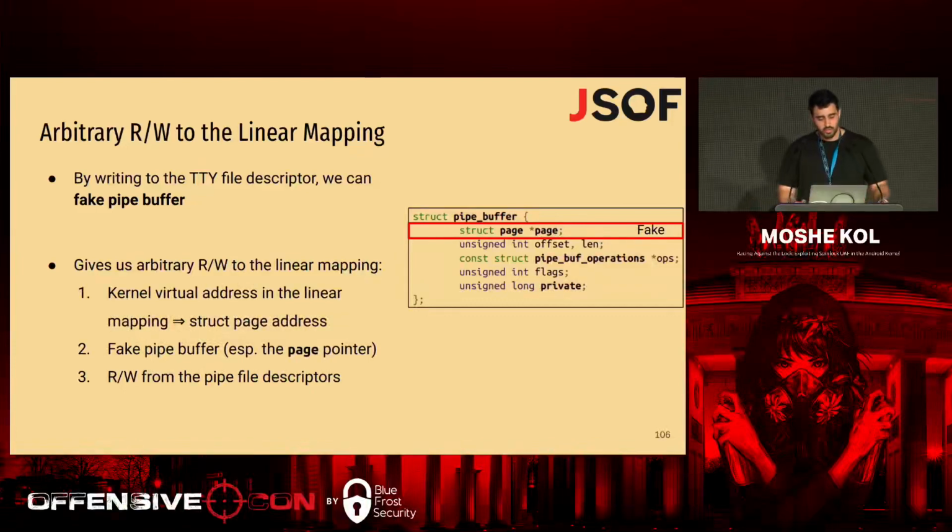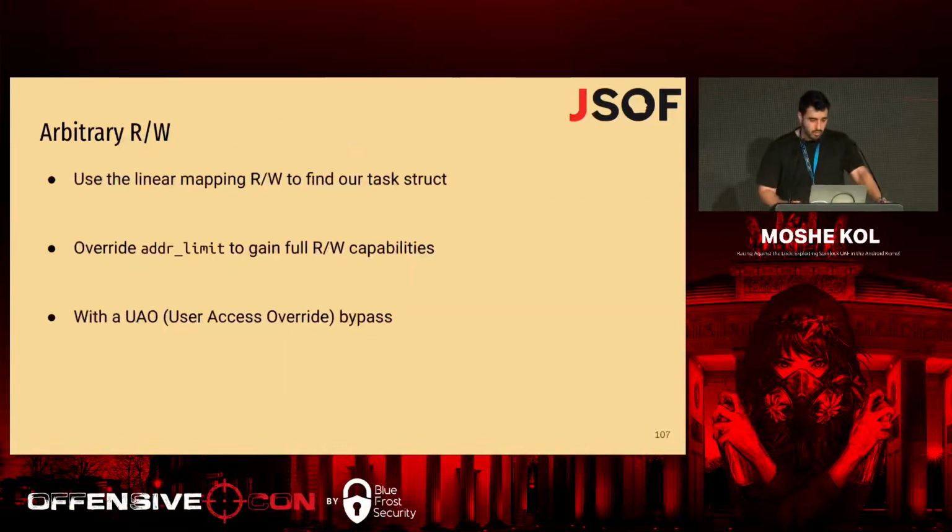If we have a kernel virtual address in the linear mapping, we can calculate its corresponding struct page pointer, then write the fake pipe buffer, and then by reading and writing to the pipe, we will read and write from this struct page. This was stable, but we wanted a stronger primitive to the whole virtual address space of the kernel.